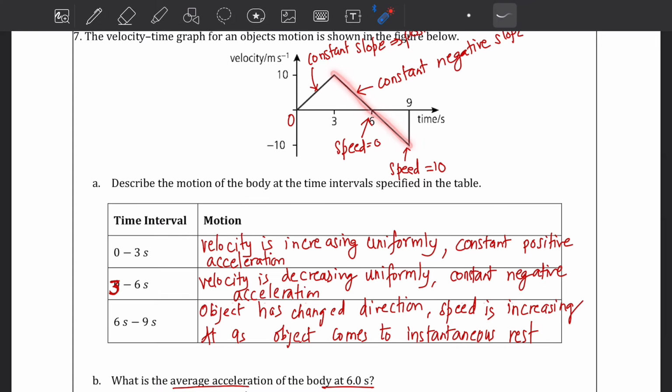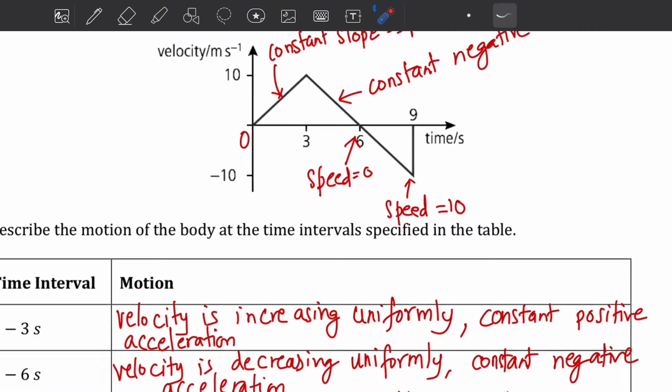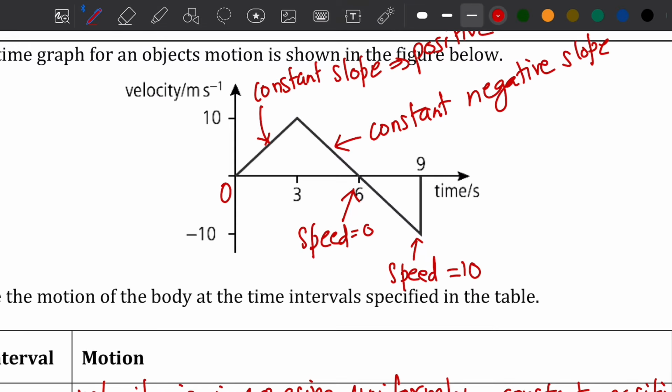So we need to find the slope of this line. We can take any 2 points. So I'm going to take a point here, and the coordinate of this point will be 3, 10, and for this point, the coordinate is 9, negative 10.